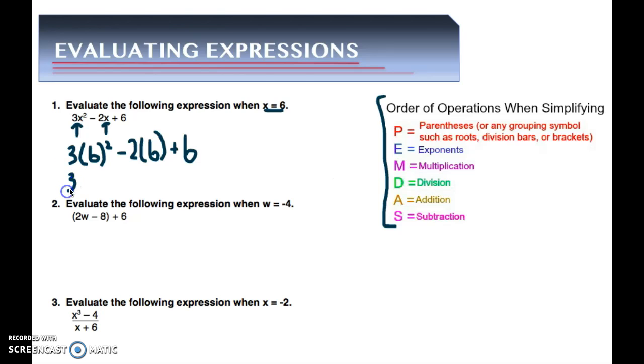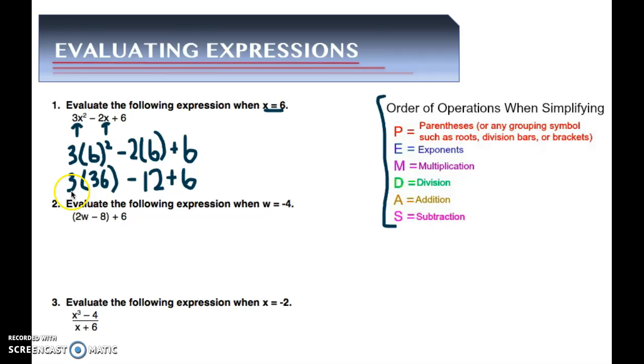So I have a 3. I have a 6 squared, which is a 36. And then I can go ahead and do my multiplication here. Because I don't have any more exponents, I'm done with them. I'll go ahead and do multiplication next. I have a negative 2 times 6, which is a 12, and I have a plus 6.